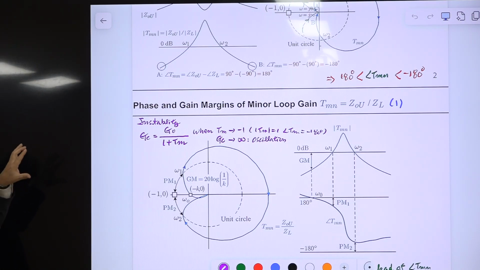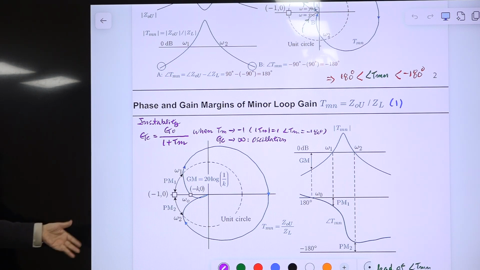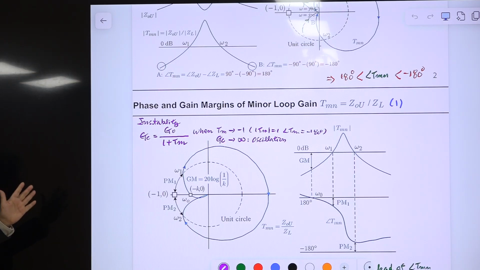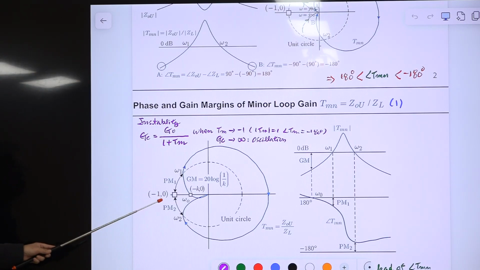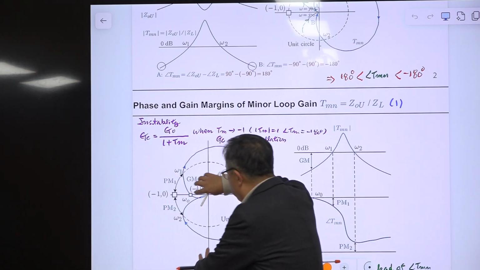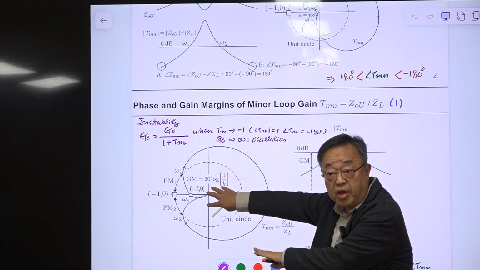But to make this unstable, there are 3 ways of making this converter unstable. Fix the magnitude. Then just introduce additional phase delay to this minor loop gain. Then this whole thing will be rotating. This circle will be rotating.